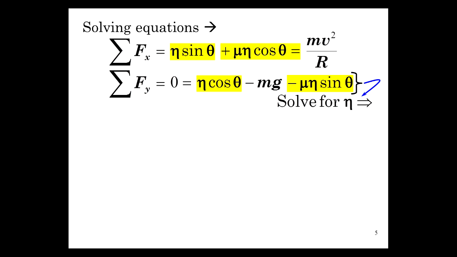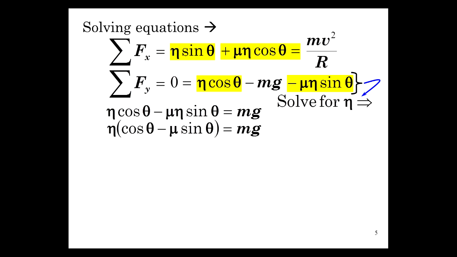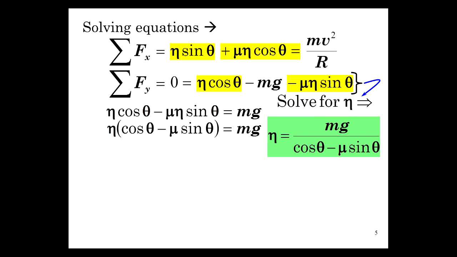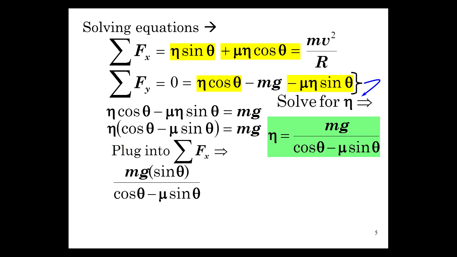Now let's solve this for the normal force. So when we do that, n cosine of theta minus mu n sine of theta is mg. Let's factor out the normal. Solve for the normal. Now let's plug it in to the forces in the x. In the first term, we have n sine of theta, so it's this thing with a sine theta.